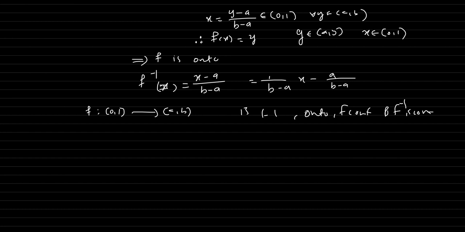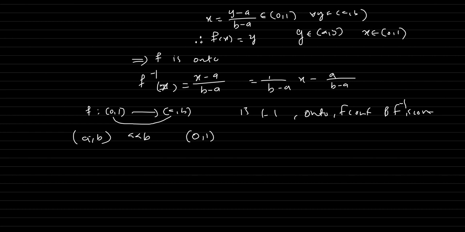Therefore, this function is a homeomorphism from the open interval (0, 1) to the open interval (a, b). So for any open interval (a, b) with a less than b, from this proof we can say that it is always homeomorphic to the open interval (0, 1).